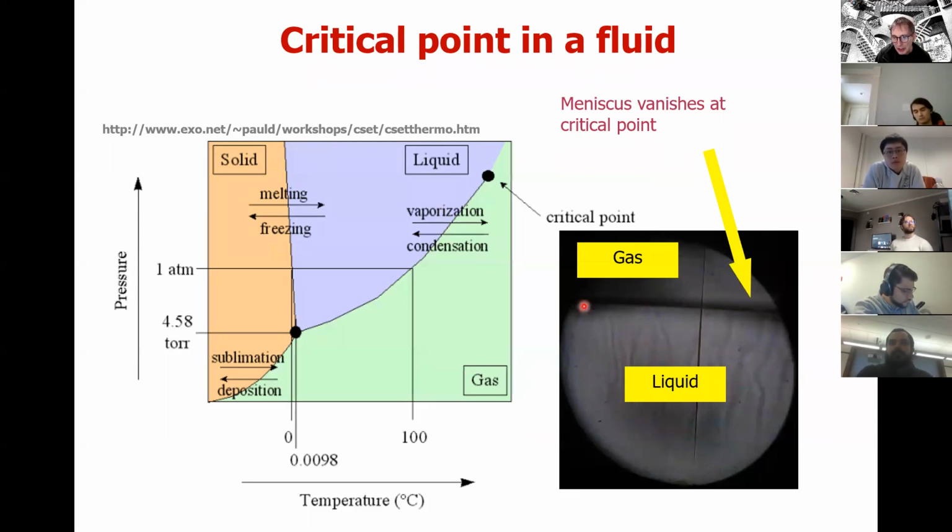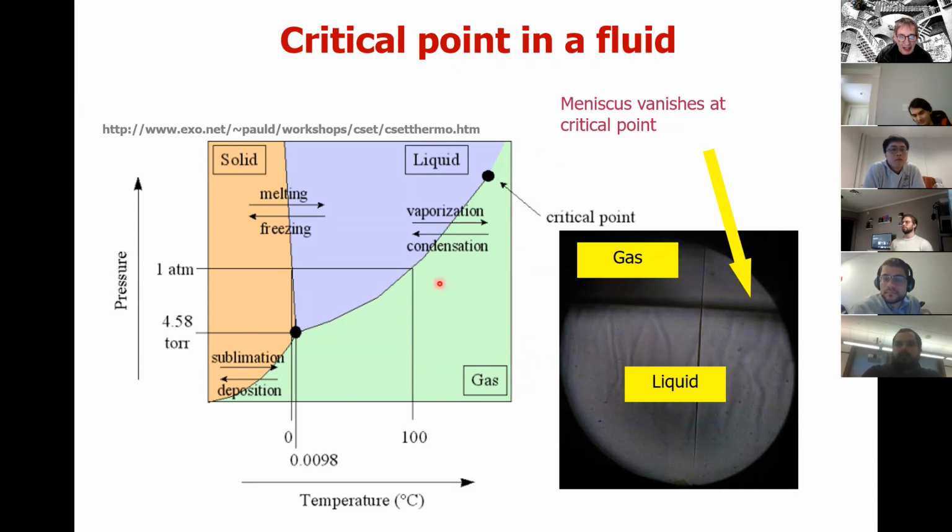Okay, and so this is what you would see. Here is the meniscus. The size of the meniscus is controlled by the correlation length. As you go towards the critical point, that diverges, and then eventually you get into a phase where you can truthfully say the distinction between gas and liquid doesn't exist, and you only have a fluid. So what that means in particular is that you can do the following thing.